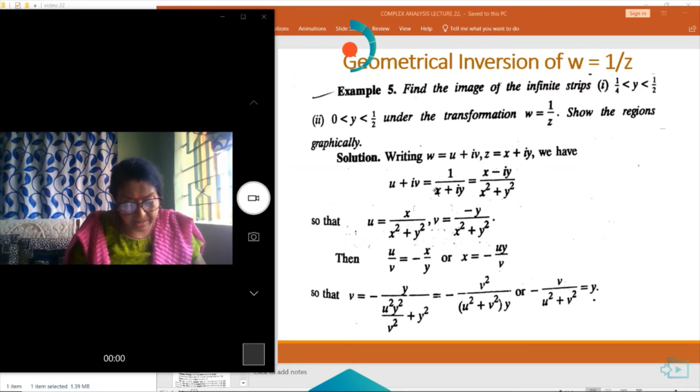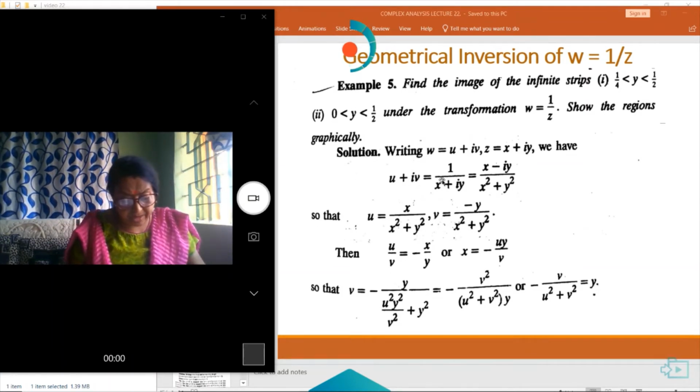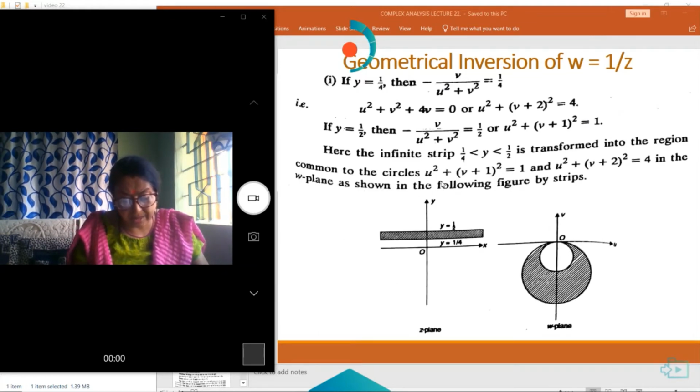Then if y is equal to 1 by 4, here v is equal to minus y, so minus v is equal to y.